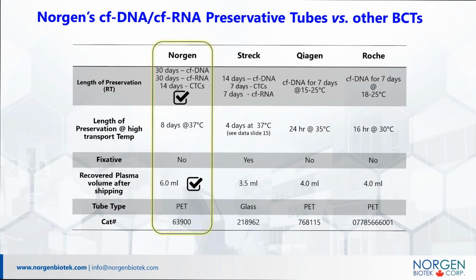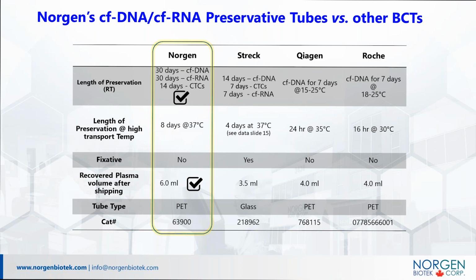So, as you know, there are other tubes on the market like Streck DNA and RNA tubes, QIAGEN pre-analytics, and Roche. As you can see, the length of the preservation, as I mentioned, Norgen is the only preservative that can preserve both DNA and RNA at the same time for 30 days, unlike others, 7 days for RNA, for example, 14 days for cell-free DNA.